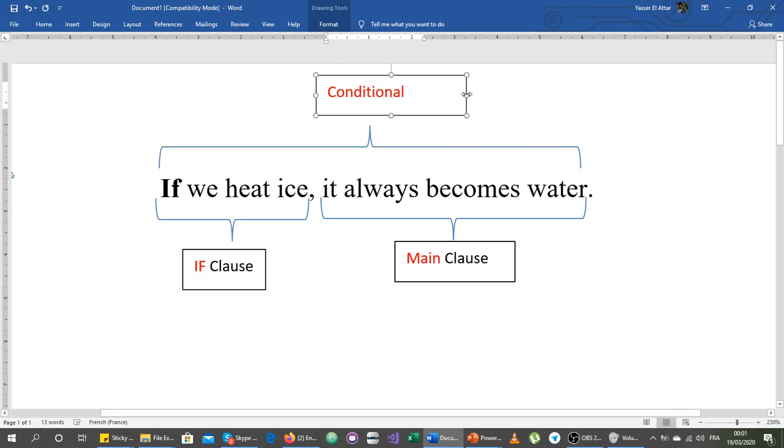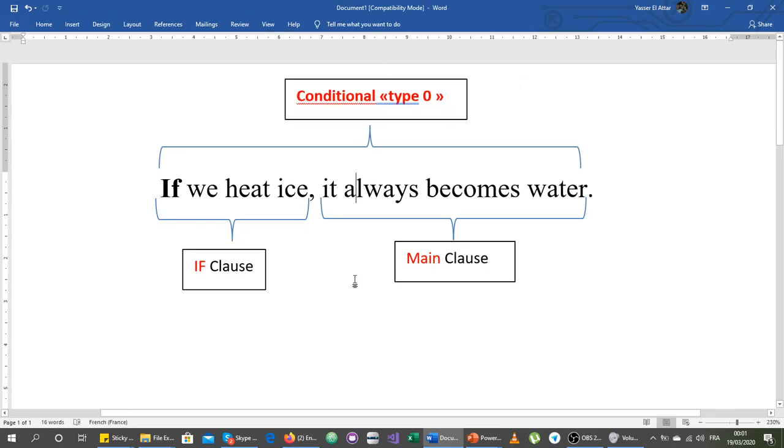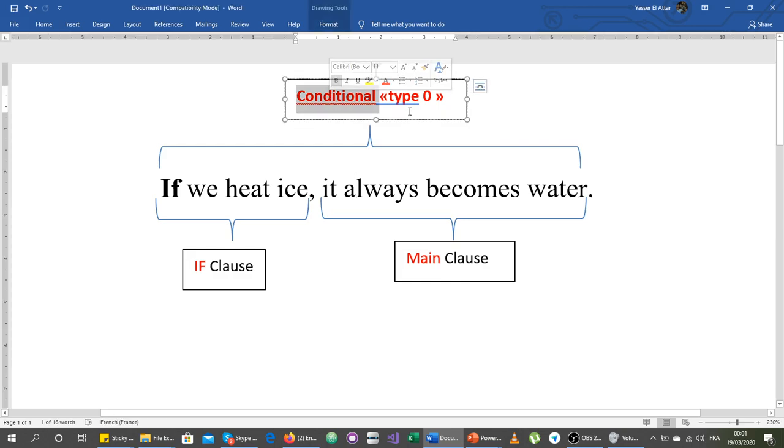There are a lot of types of conditionals, but for us we will study only conditional type 0. Okay, so we are studying only conditional type 0 so far in this lesson. So conditional type 0 consists of if clause and main clause.